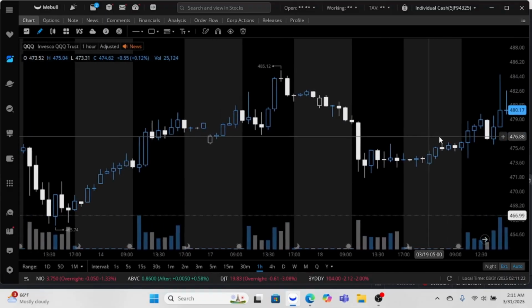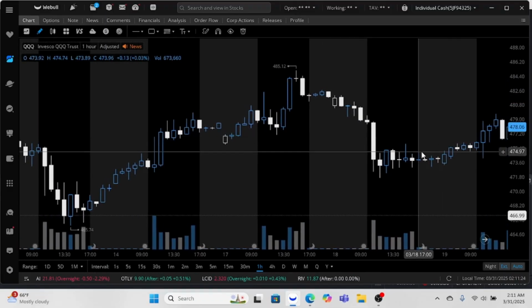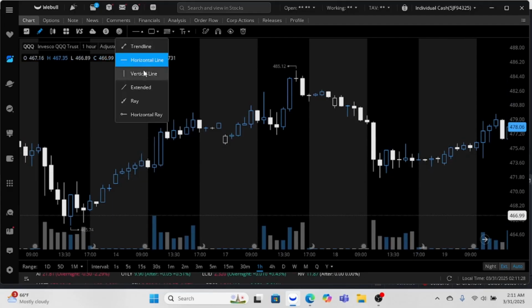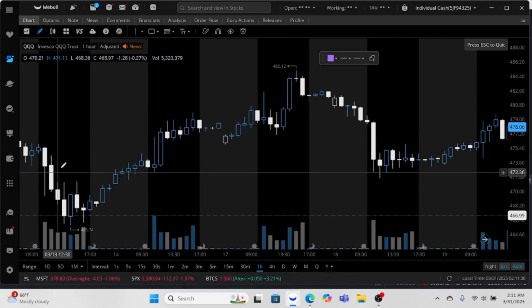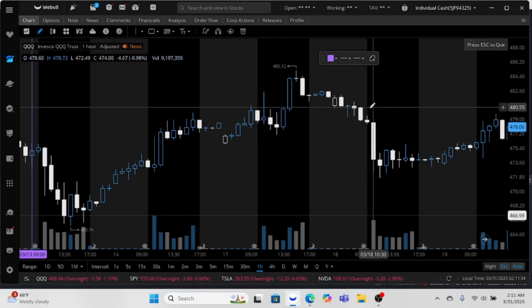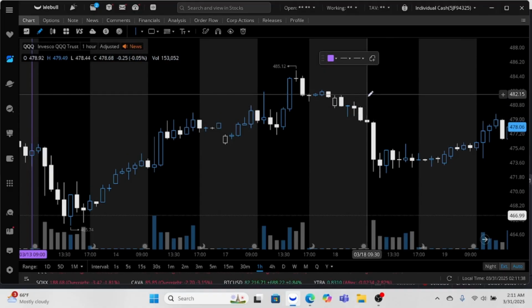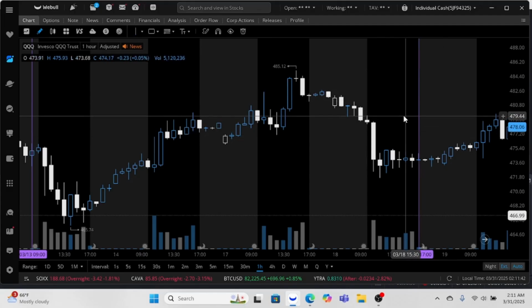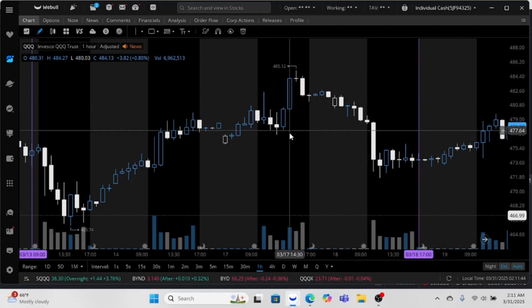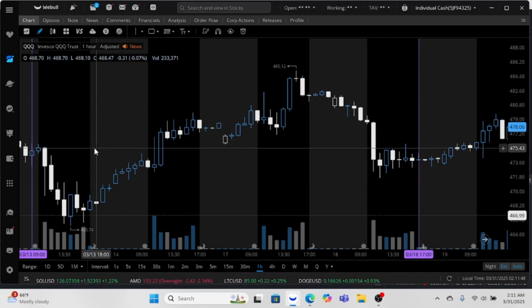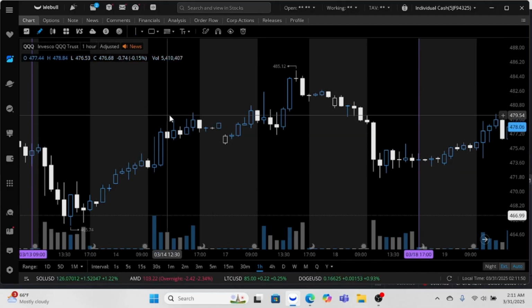Let me go over here and let's section some stuff off. Section off this and section off this. So we have 1, 2, 3, 4 days. This is 4 days of price.